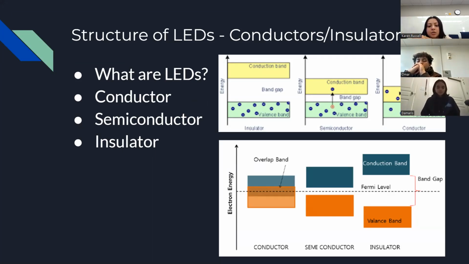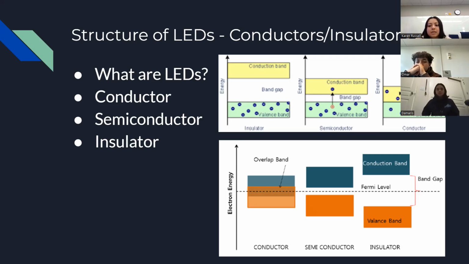A conductor is where the electricity flows due to the overlap between the valence band, allowing a large flow of conductivity, whereas semiconductors allow for a moderate flow of conductivity and insulators allow for only low conductivity. You can see that with these two pictures I have up on the screen.